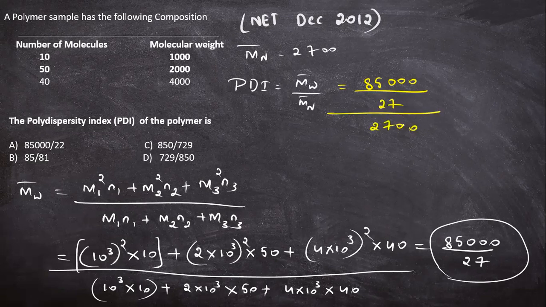These both get cancelled, so you will get the answer 850 divided by 729. You can easily solve this without a calculator also, so just sit and solve it carefully. So answer C is correct, and it was asked in NET December 2012.